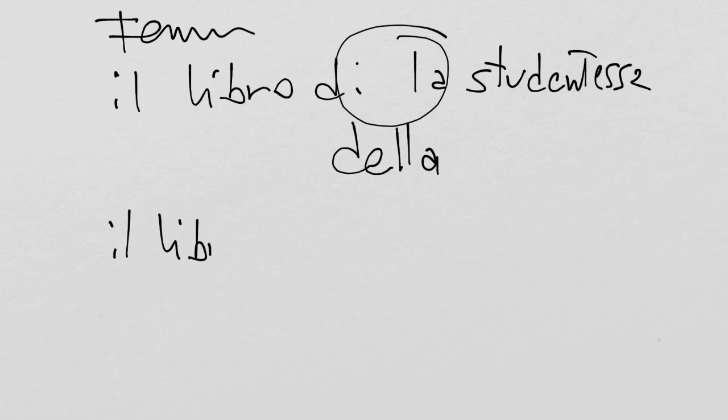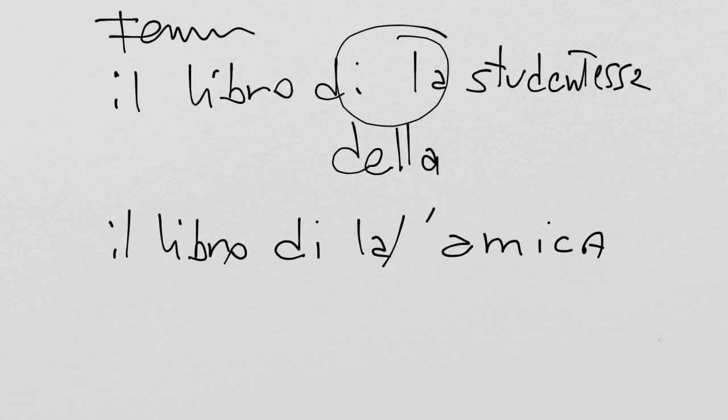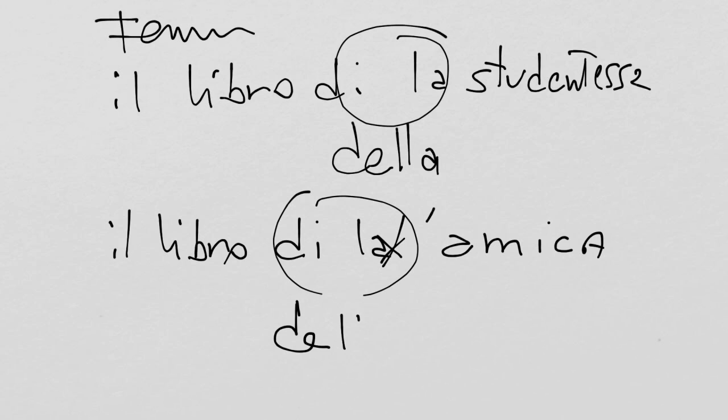We have the contracted form of the article, l' apostrophe. Il libro di la amica. At this point I'm sure that you know that the outcome is dell'amica, double L apostrophe.